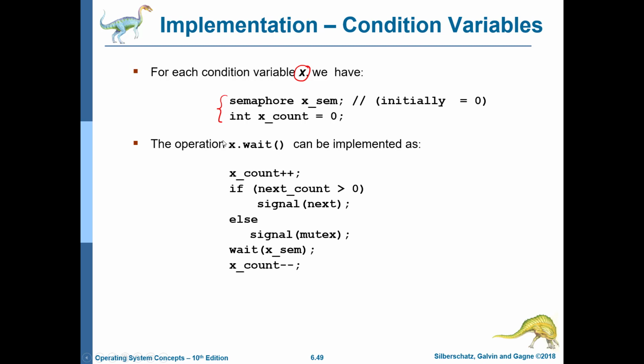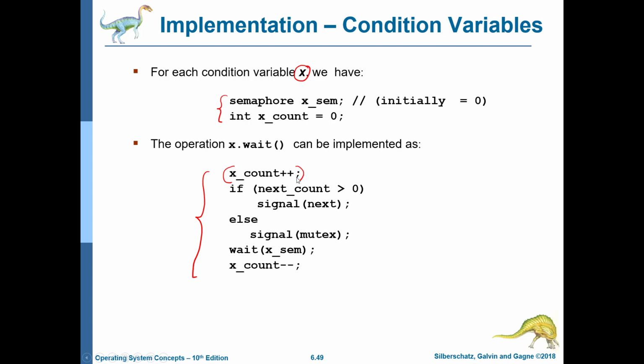So now we need to define two functions, x.wait and x.signal. So x.wait looks like this. When we are waiting, we first increment the x waiting count, x.count plus plus, which means that I'm waiting on x. After that, you see if there is any other process which is waiting inside the monitor.